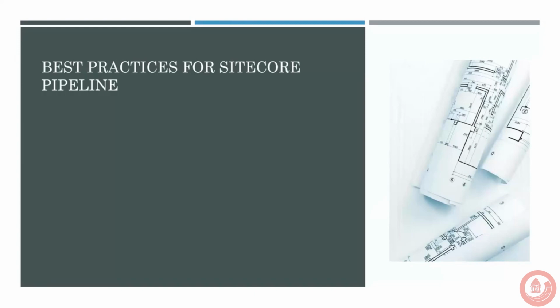Now, whenever you are working with pipelines, there are a few best practices that you need to follow. So, for example, instead of writing your own pipelines, you should always use the built-in processors or the pipelines that are provided by Sitecore.